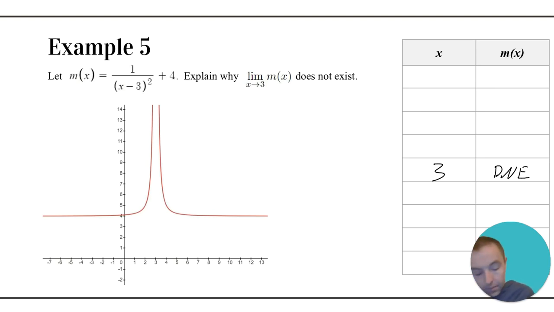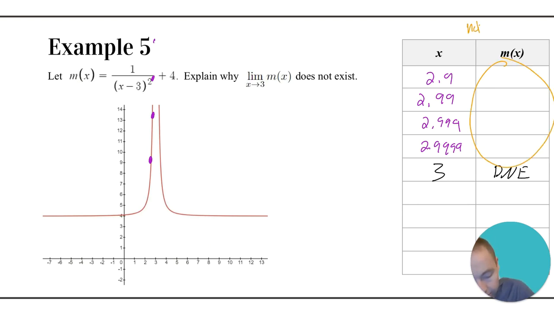Now, what's going to happen here is if we were to plug in, say, 2.9 and 2.99 and 2.999 and then 2.9999, you can kind of see already what's going to happen, because it keeps getting higher and higher. These are not going to be the actual numbers because I don't have a calculator on me right now to get the actual numbers for this particular problem.